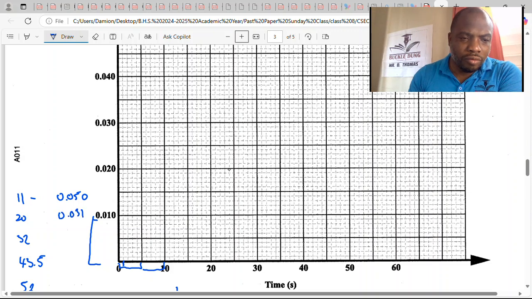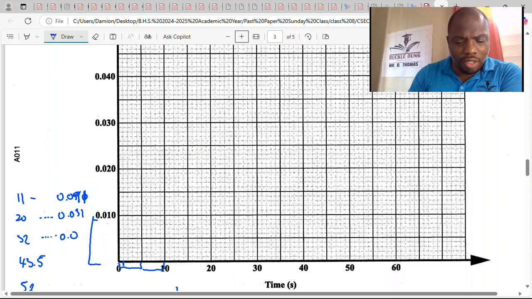For 11, it was 0.091. 32 was 0.031, 20 was 0.050, 43 was 0.023.